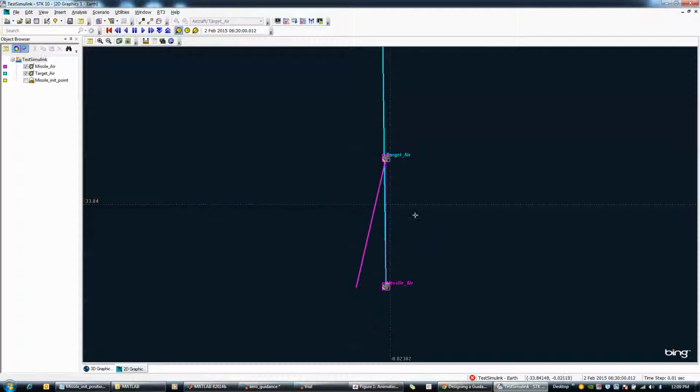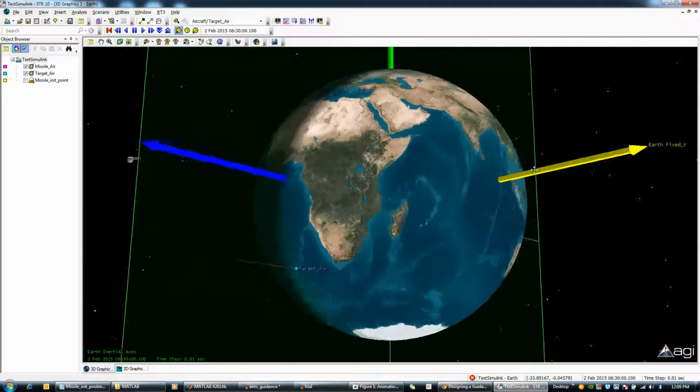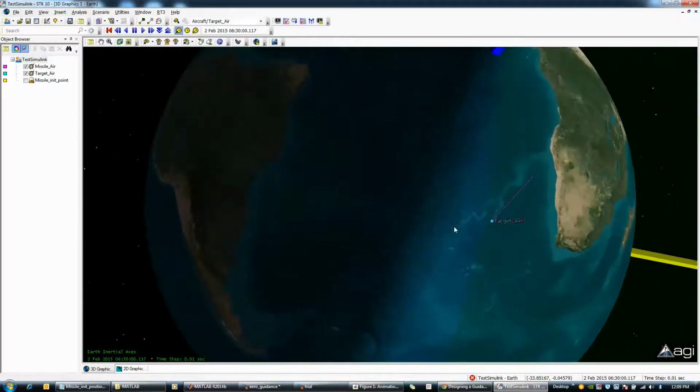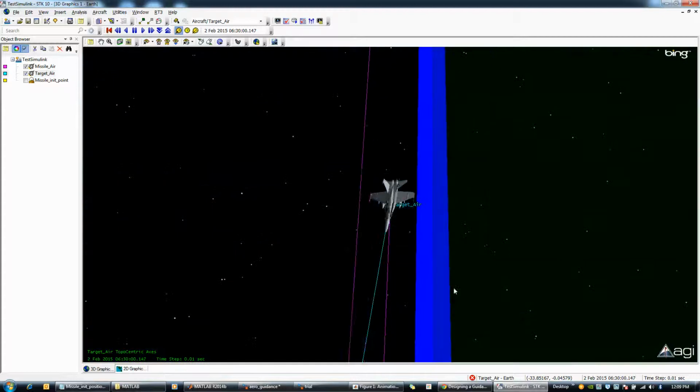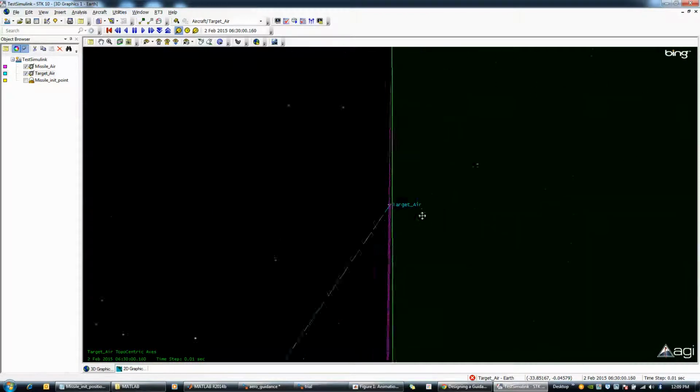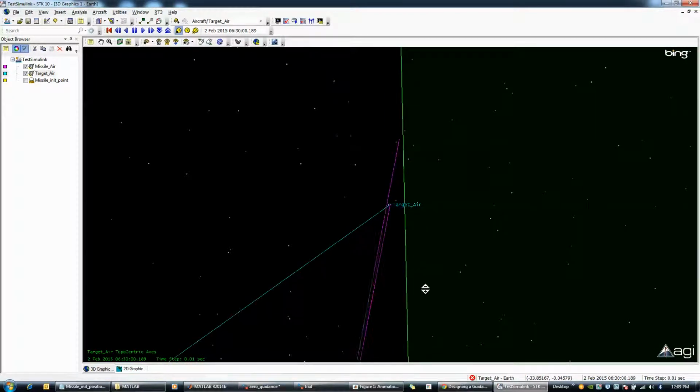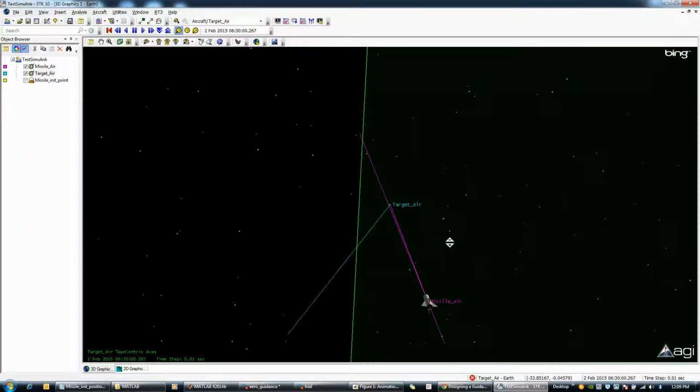So you can see that even though the target is going in some other direction, the missile is directed towards the new position of the target. So I can change my target position and compute how the missile will change its path based on the location of the target.